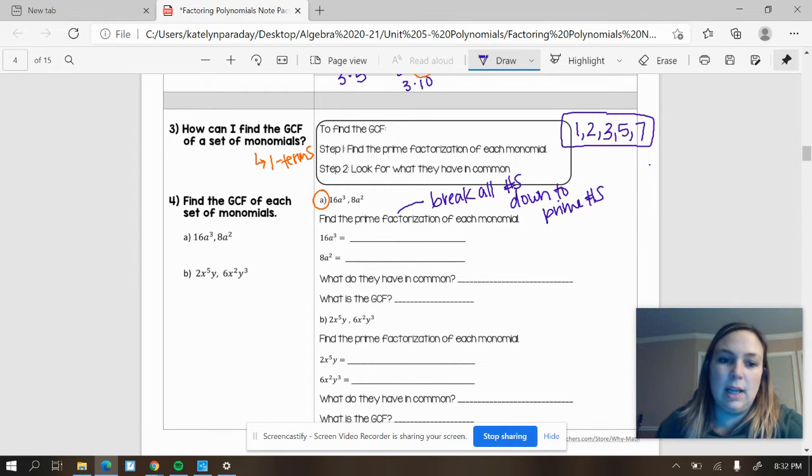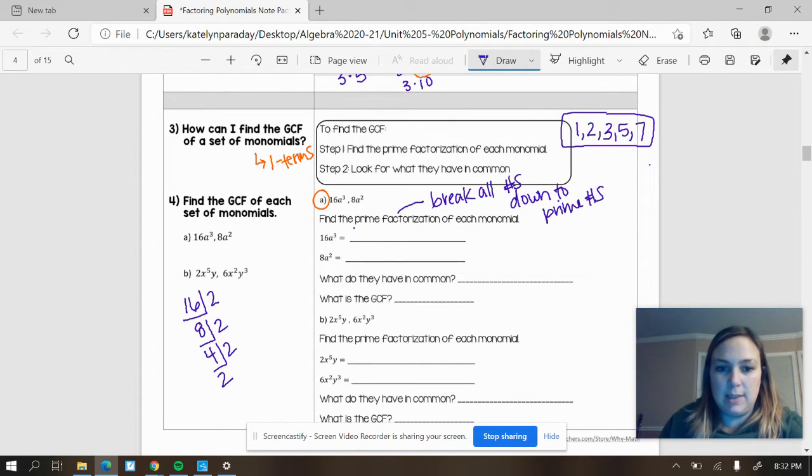So 16, now how I do this, I'm just going to do 1 or 2 examples. I'm going to break down 16. What I normally do is find what prime number can go into this. Well, 2 can, right? 16 divided by 2 is 8. I can keep going. 8 divided by 2 is 4. 4 divided by 2 is 2. So I have all these 2's on the outside.